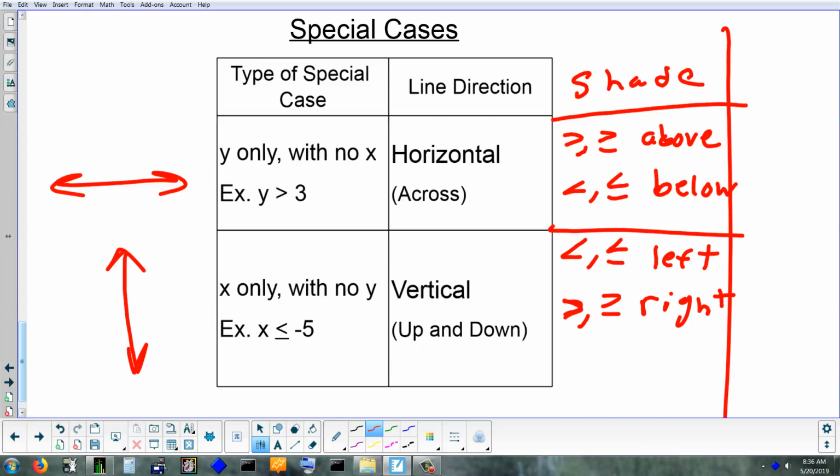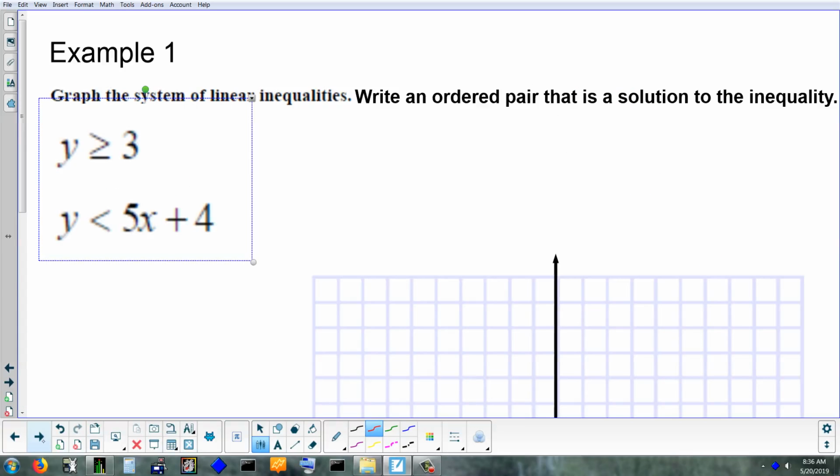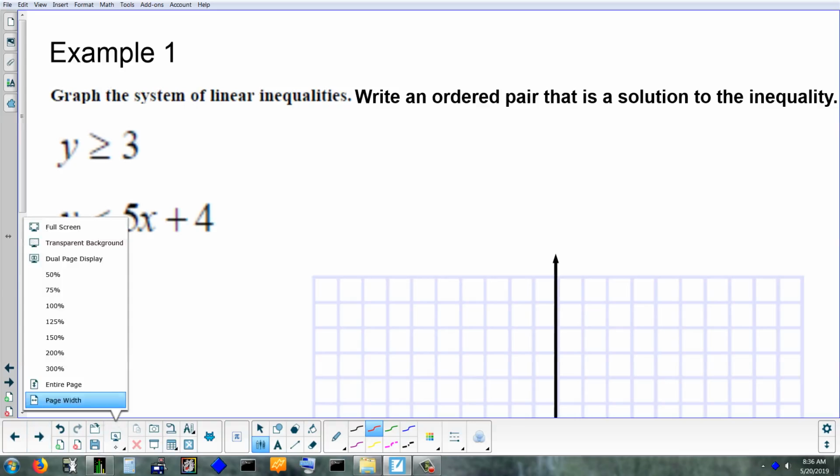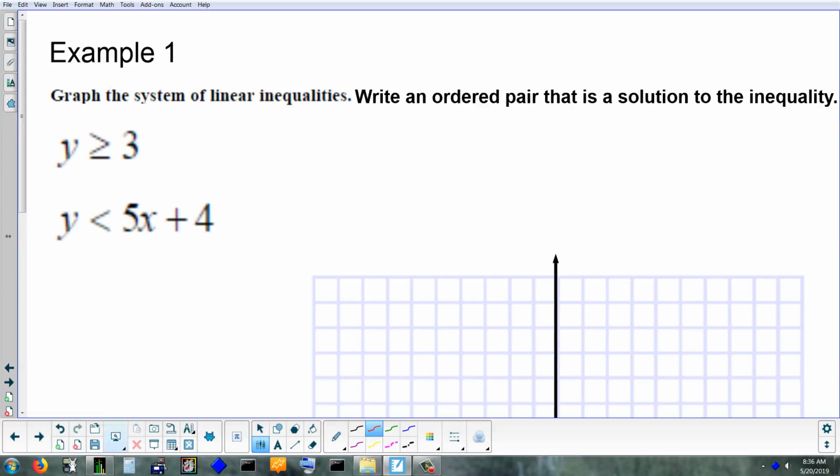Everyone's got the special case? Okay. What do they want us to do in example 1? Read the directions carefully. Find or compare that solution to the inequality.